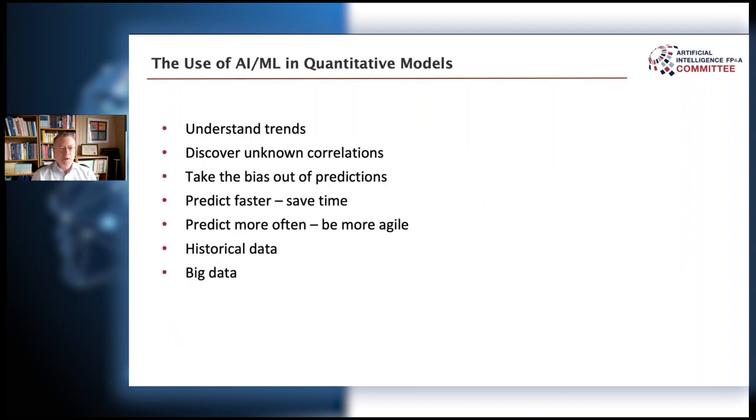So in quantitative models, and this is probably something that you all already know, what we're doing with AI and machine learning is to understand trends, discover correlations, and very importantly, I think, to take the bias out of predictions. We also want to save time, and we want to be able to be more agile, for example, by moving from annual budgeting to rolling forecasts.